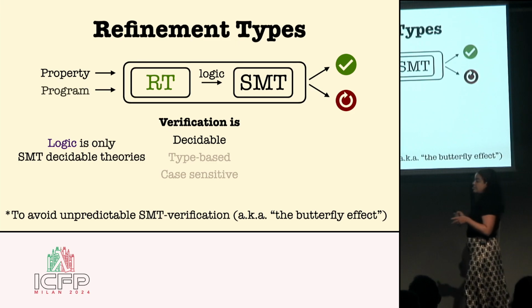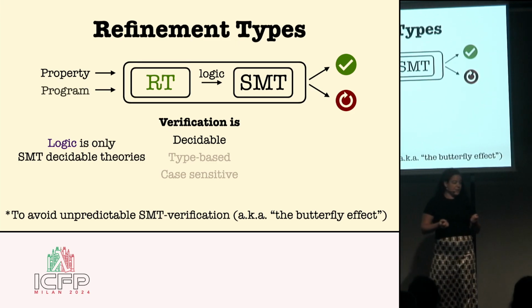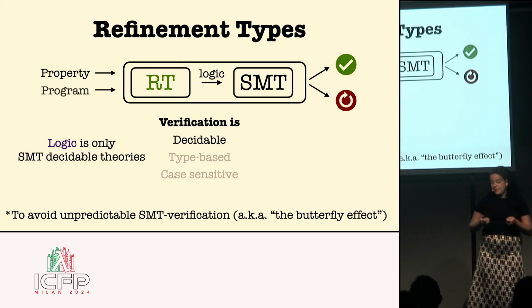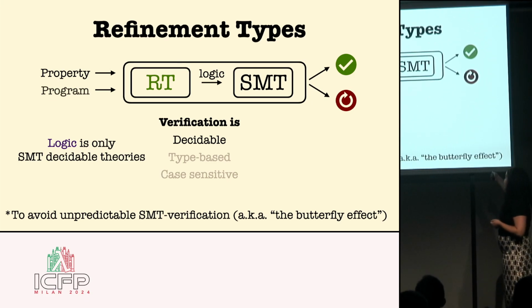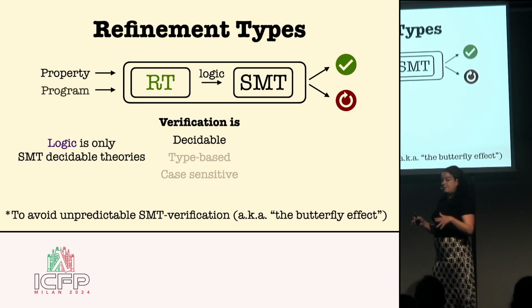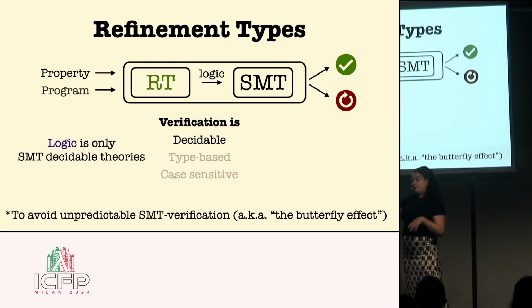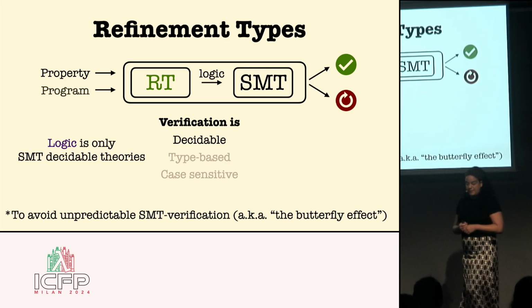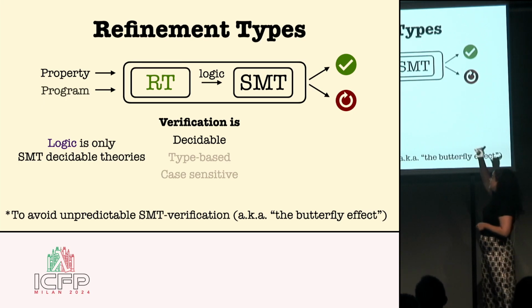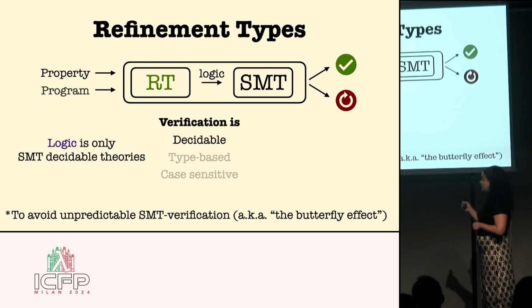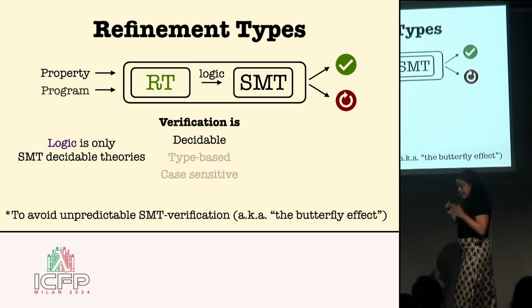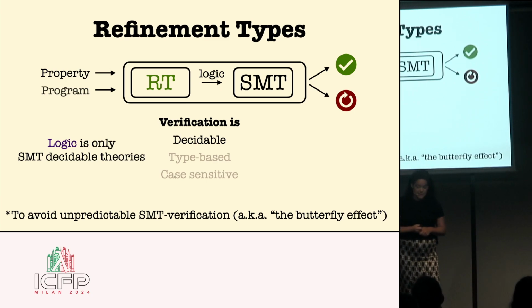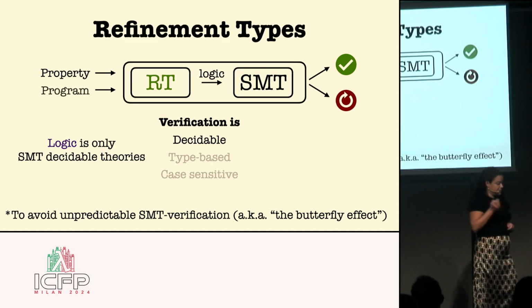And this is very important because if you give the SMT questions that are not decidable, you can have what Rustan Leino calls the butterfly effect. Verification becomes very unpredictable, and it can be the case that if you change some part of your program, then verification can non-terminate or fail in a totally different part of the program. So in Liquid Haskell's refinement types, we have this requirement that everything you feed to the SMT solver should belong to decidable theories.